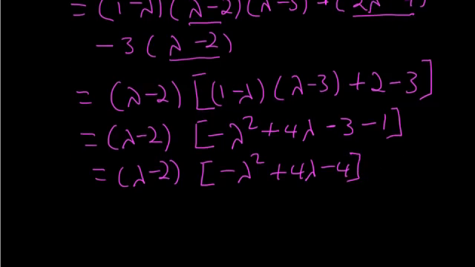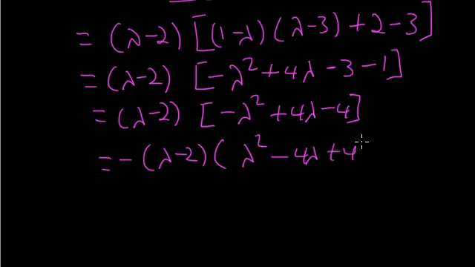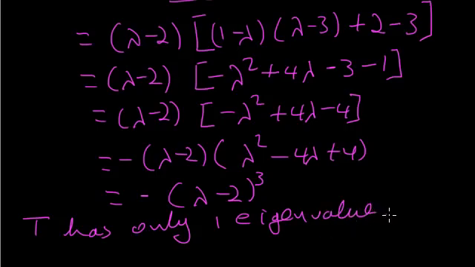Let's factor negative 1 out of there. So I have lambda squared minus 4 lambda plus 4, and that of course is lambda minus 2 squared. So I end up with negative lambda minus 2 cubed. So there's only one eigenvalue. T has only one eigenvalue, and that is lambda 1 equal to 2.